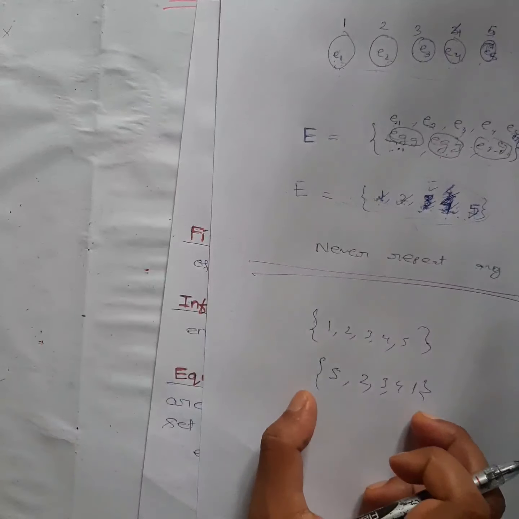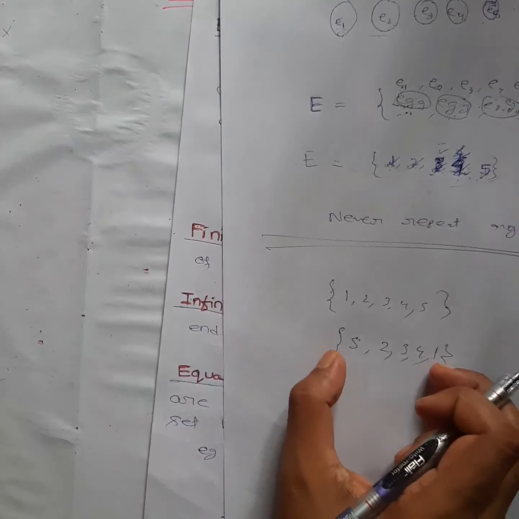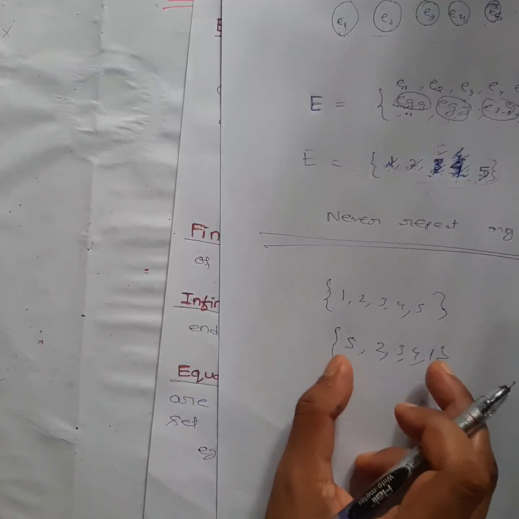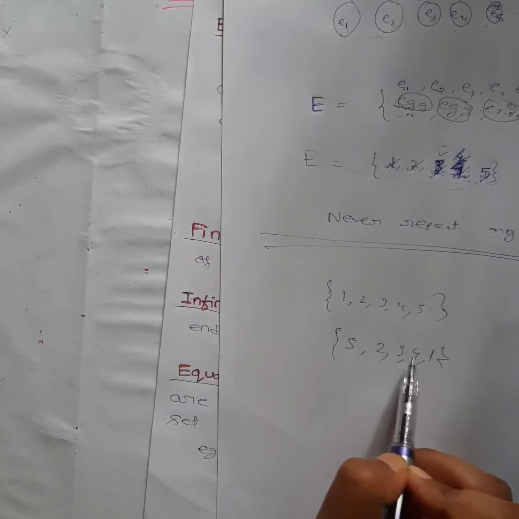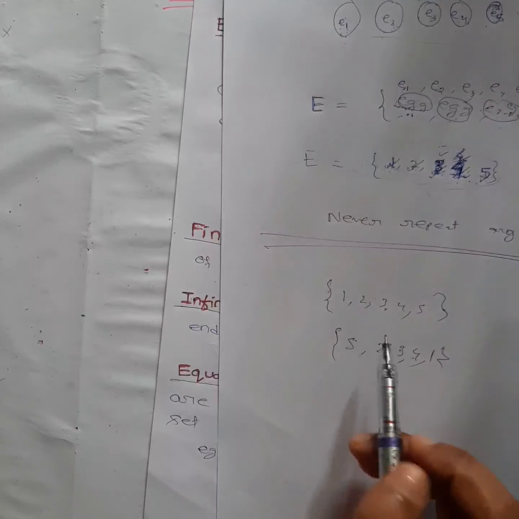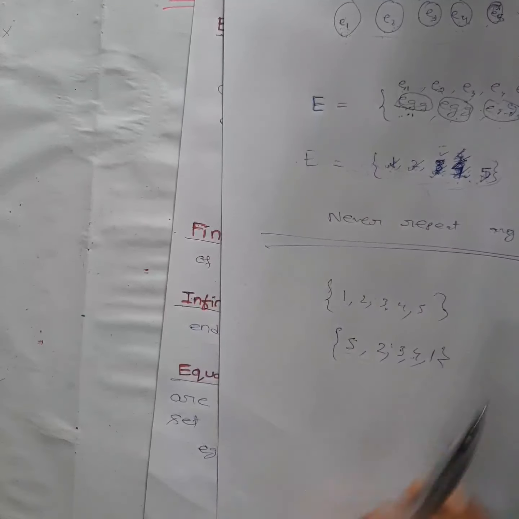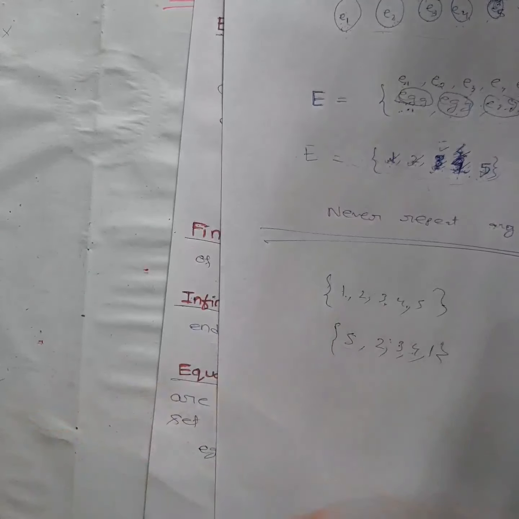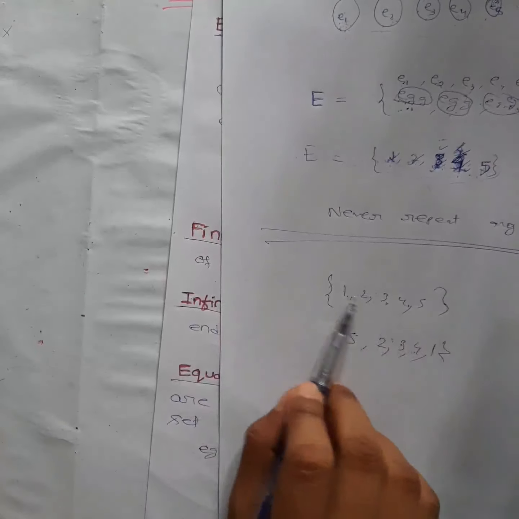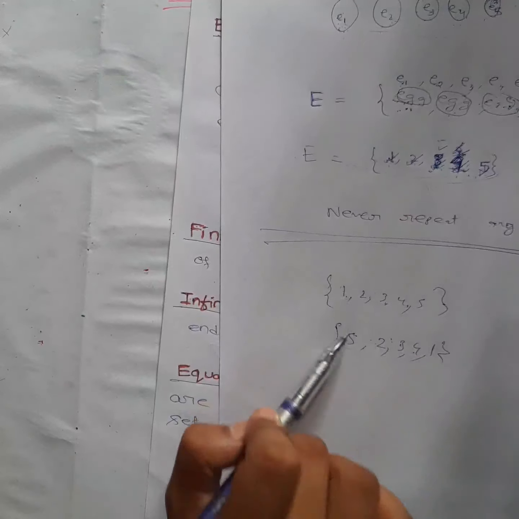So in the case of a set, remember, order also does not matter. Whether you write like this or like this, both are the same. In a set, order does not matter. If all elements are the same, we say the sets are the same only.